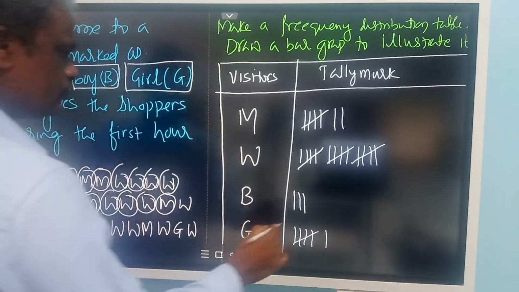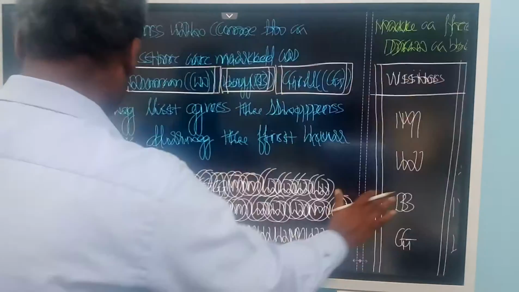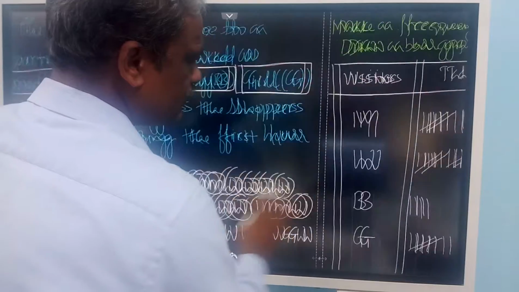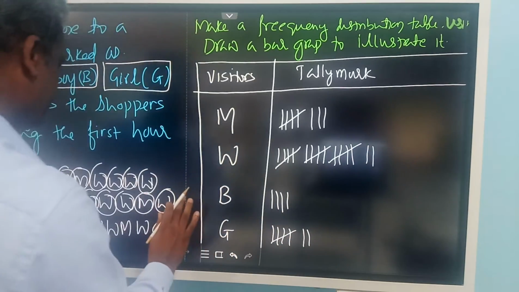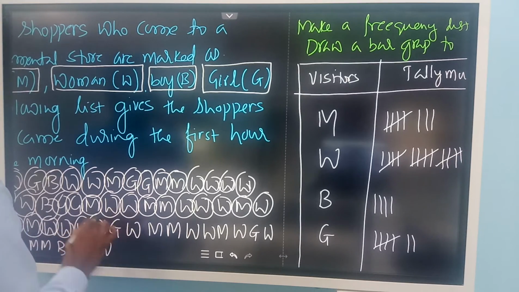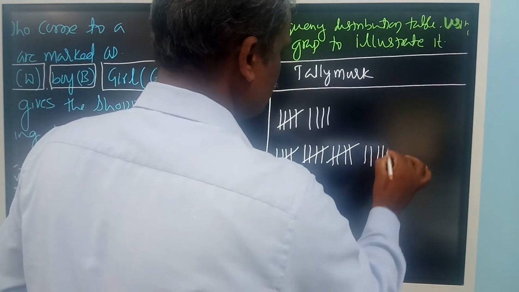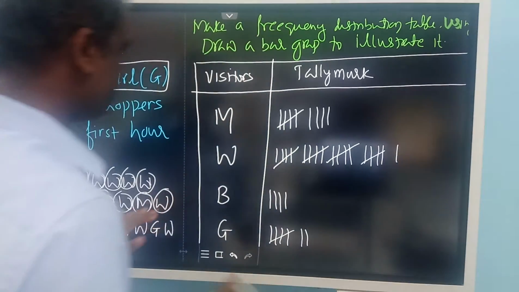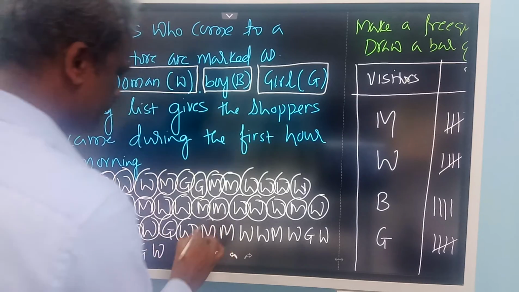Then M. Again W. Then BWG, BWG. Next MWW: 1M, 4W: 1, 2, 3, fourth one. Then GWM.